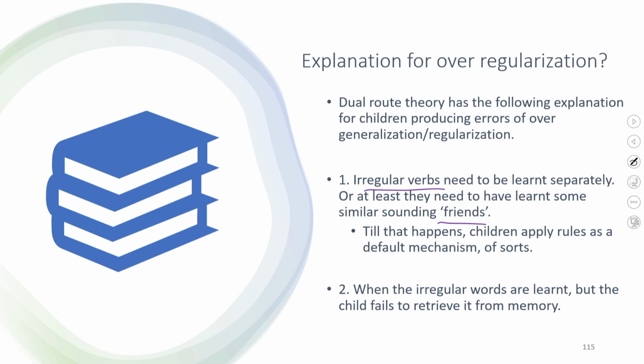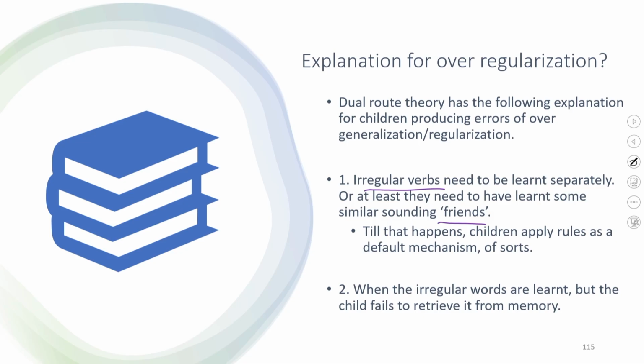Now, obviously none of these things happen overnight. So, till this happens, children apply rules, because that seems to be the easier way out. This is how the dual route hypothesis explains over generalization: because the irregular forms are to be learned separately, till that happens, we are using the rules.